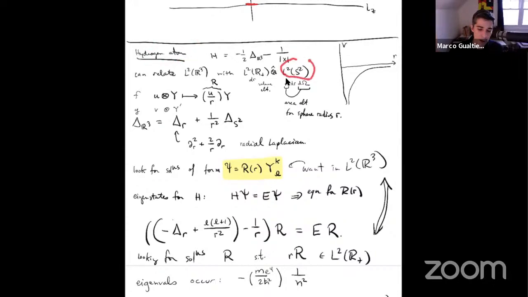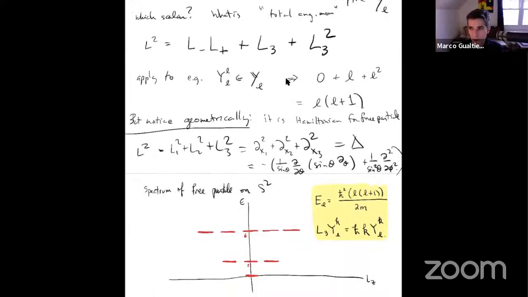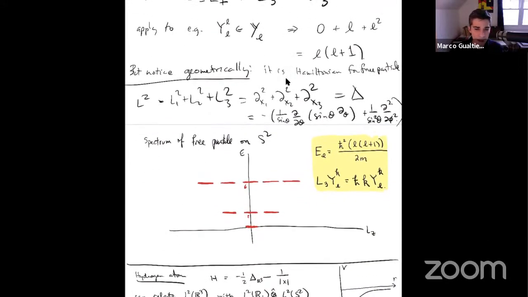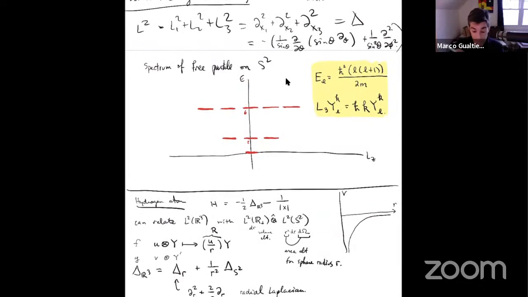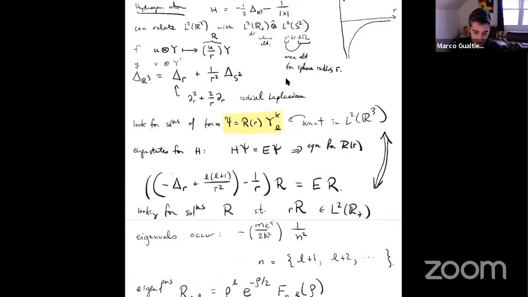One is a free particle on the sphere, and that is relatively easy to solve. I gave the explanation for how you explicitly decompose L2 of the S2 to get your spherical harmonics, which are eigenstates of various energy. And that is a very nice and clean result.